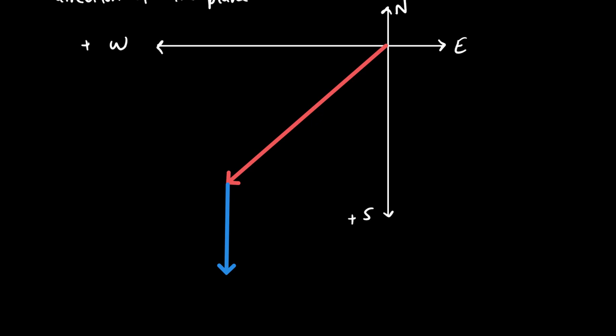Suggesting that the plane is actually flying more southerly than perhaps it wants to be. So this is vector 1, vector 2, and the result.